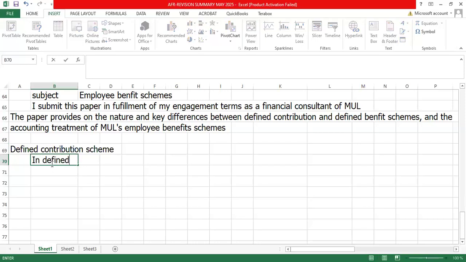I think we are not going to do the other standard. In a defined contribution scheme, what happens?